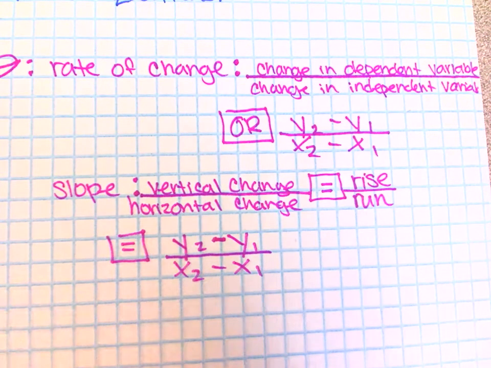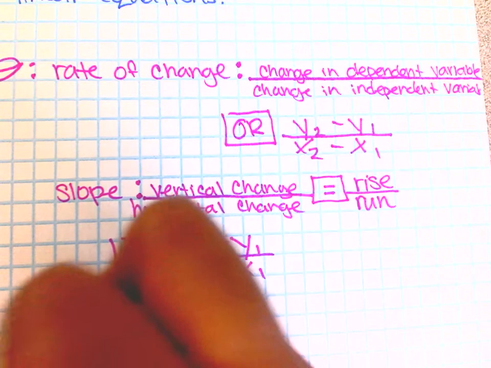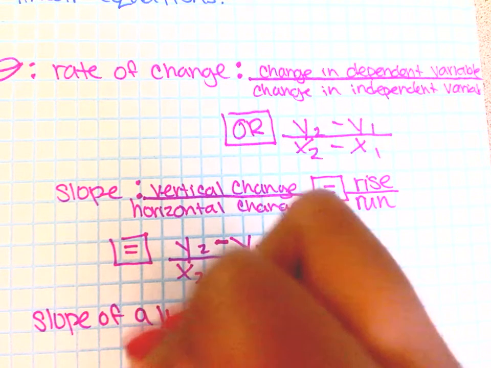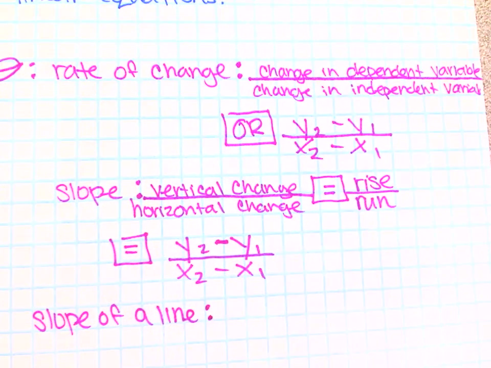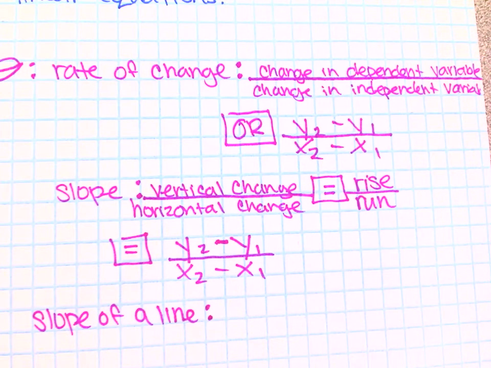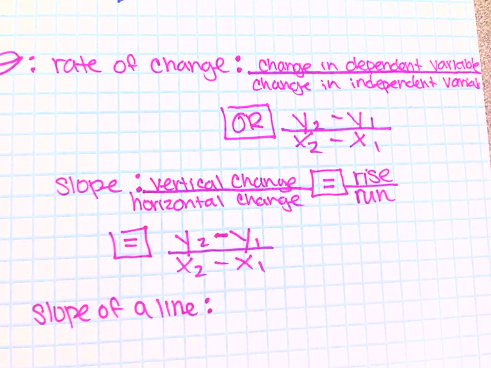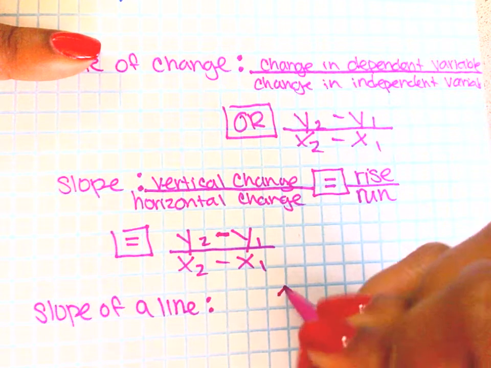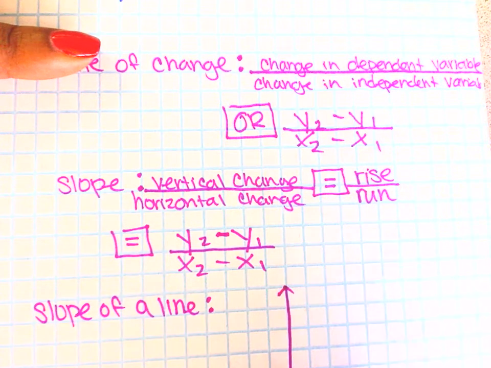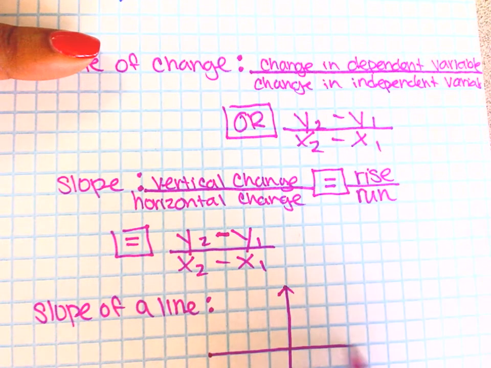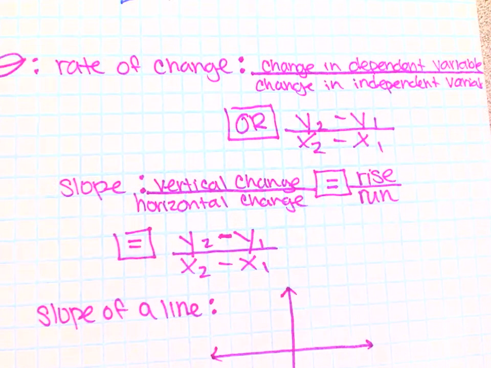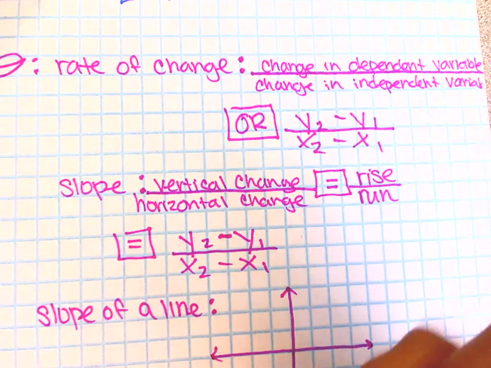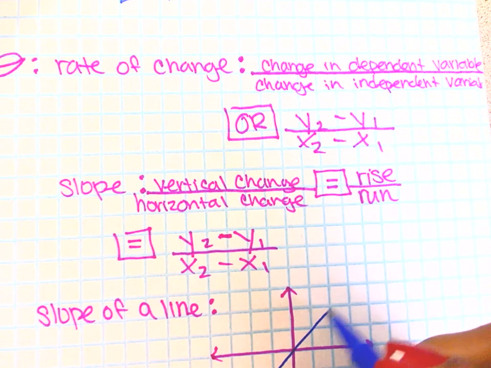Next, we're going to have the slope of a line. Okay, and I'm going to give you 4 different graphs. We'll just make them really small, okay? So the slope of a line, if it's a positive slope, your line is going to go up and towards the right.